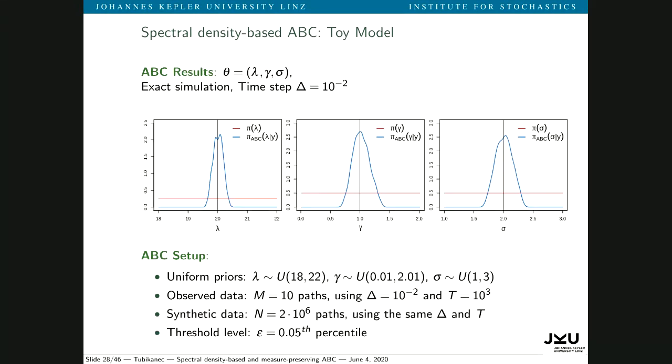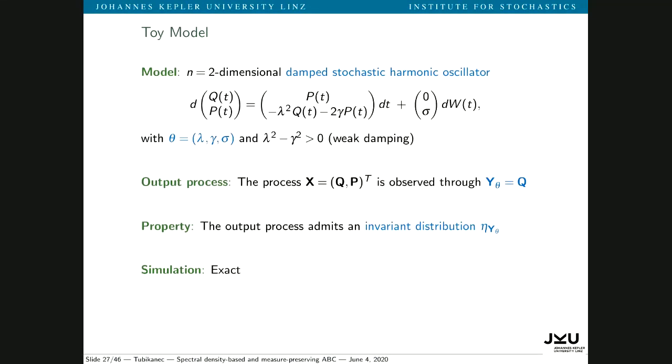Okay, so for example, if you look at this model, you see that sigma is entering the second coordinate that is not observed. But when we perform ABC inference, we actually estimate it because the model is hypoelliptic, so it propagates also to the first coordinate. So this is exactly an example of what you are saying.